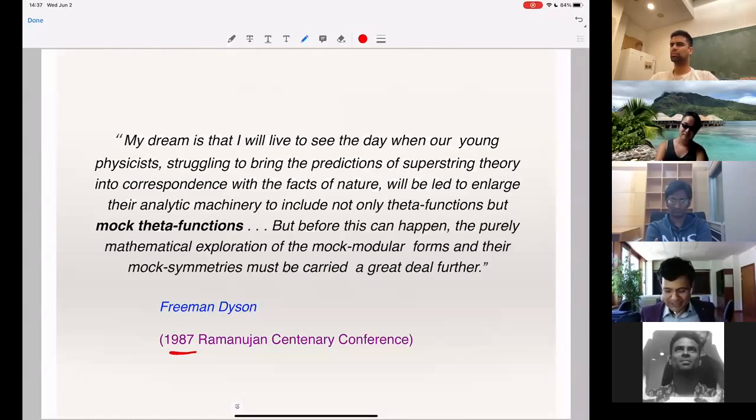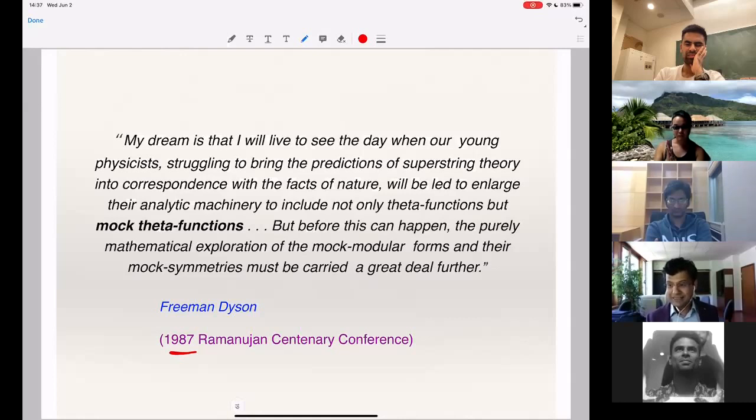And this was quite an inspiring quote. And then he goes on to say, they will be led to enlarge their analytical machinery, not only to include theta functions, but mock theta functions. And you know, coming from India, Ramanujan was always an inspirational figure. But I never thought in those days that string theory would ever find use for mock modular forms, and so I never thought in my research I would come across them.